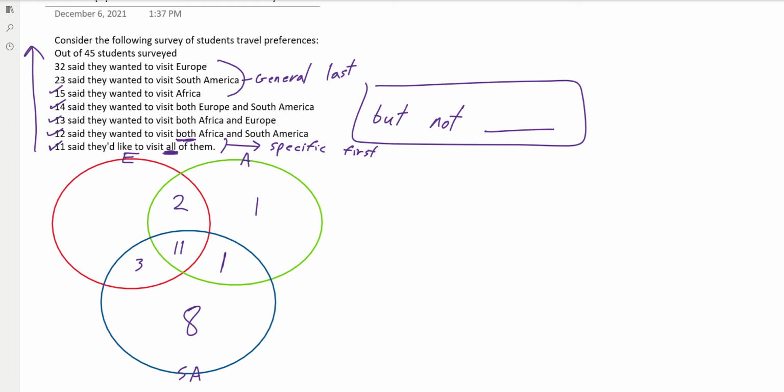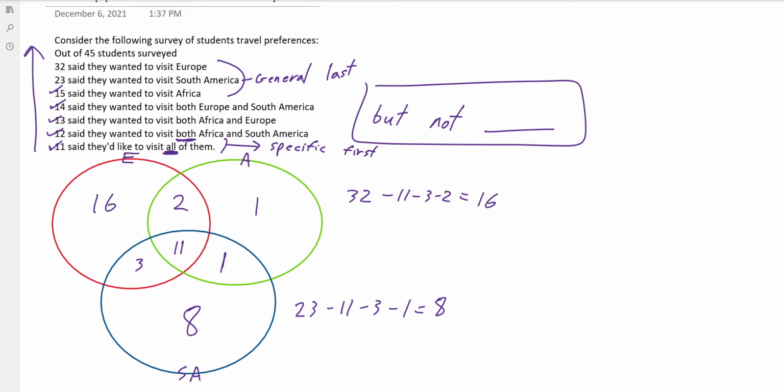Another way you can think about it is take your 23 and subtract the numbers that you have so far in that circle, the blue circle, and that equals 8. We'll do the same thing for our European circle: 32 minus 11 minus 3 minus 2 equals 16.